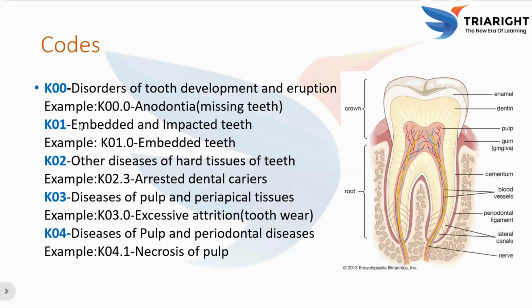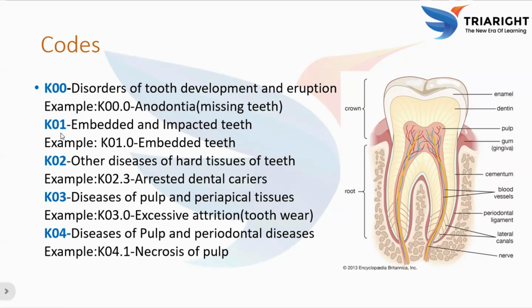So embedded, it will never try, but impacted, it tries. But both of them do not erupt and they still remain in the jawbone because something is blocking the path. Most commonly impacted teeth are the wisdom teeth, the third molars, and also the canines.